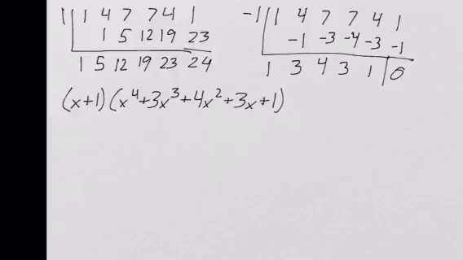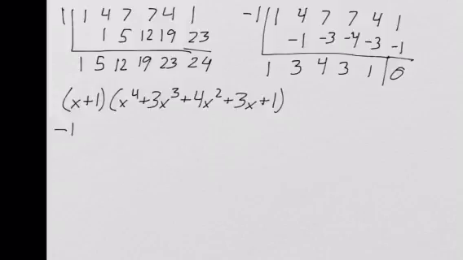Again, my end goal is to get this into something that's just a bunch of linear factors with possible complex coefficients. So now I only need to check to see if stuff divides the fourth degree polynomial. And I still have, as the only possibility from the previous step, negative 1.